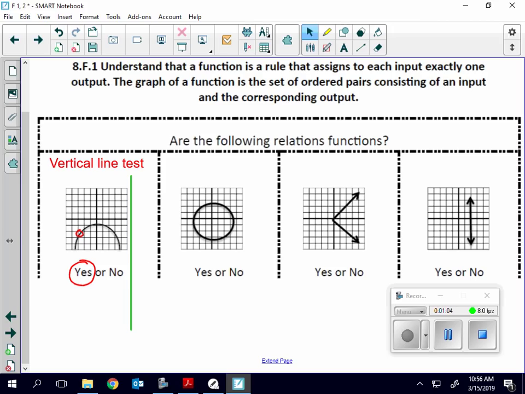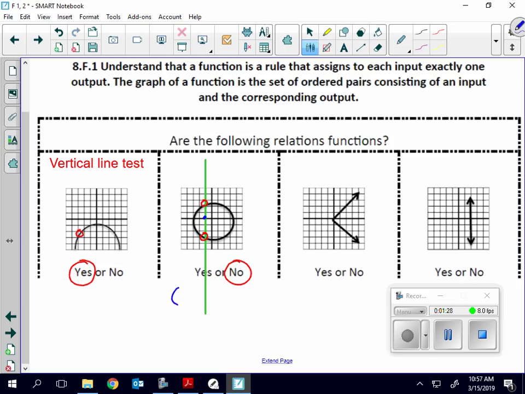All right, number 2, or the second one here, you can see that, like right here, for example, it's hitting 2 spots, which causes it to not be a function. It's not a function if an x has 2 different y's. As you can see, this x value is, well, here's the x-axis. So the x looks like it's -1.